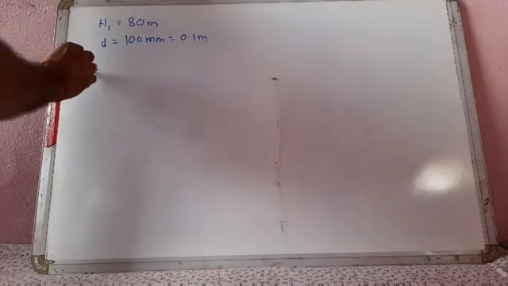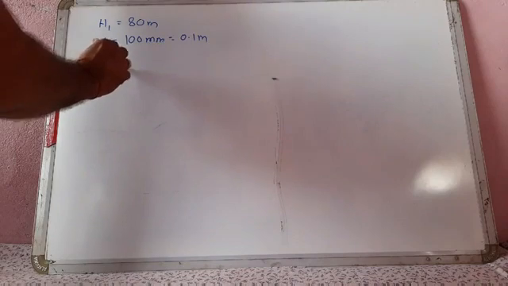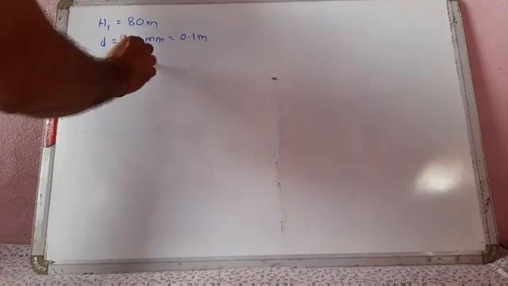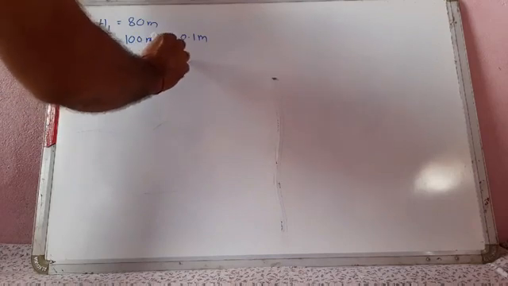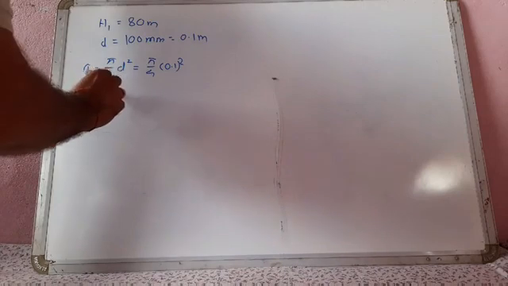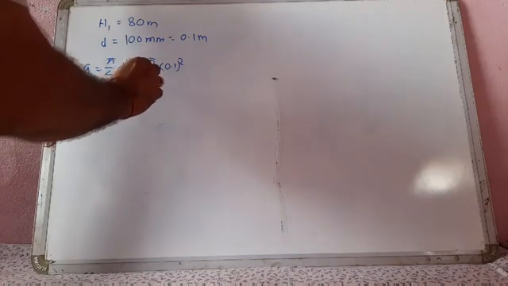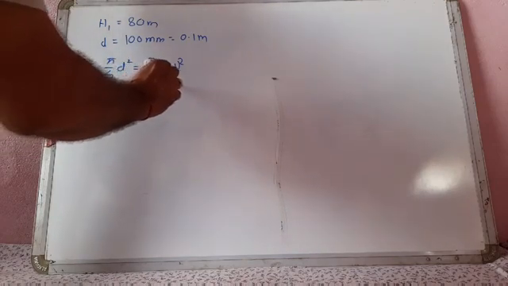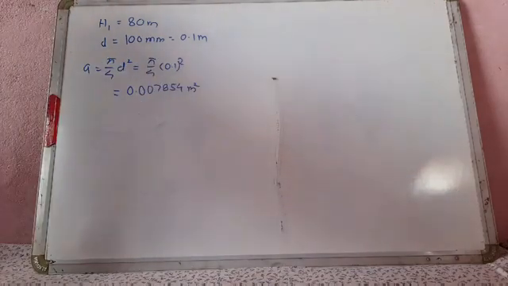So area of jet equal to pi by 4 D square, 0.1 square. So the area equals 0.007854 meter square.